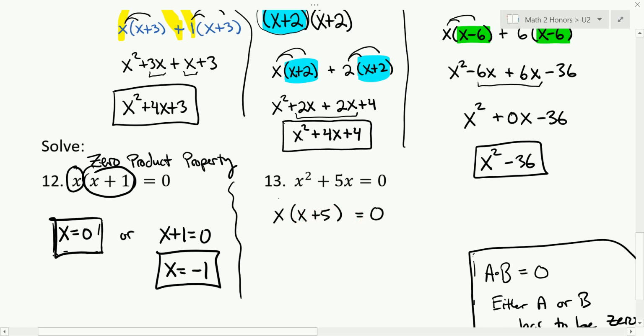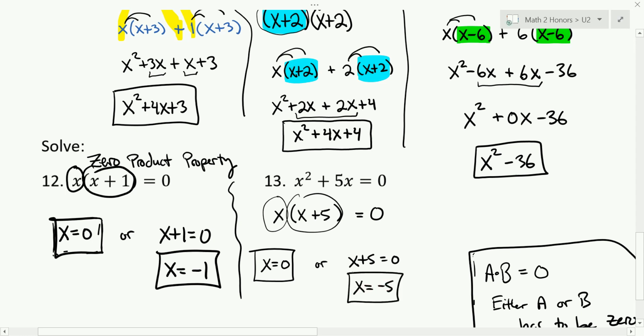Now I have my form a times b equals 0. And so I could split up my factors and say, either a is going to be 0 or b is going to be 0. If a is 0, then x is 0. This one would be -5. Now I have two possible answers. And I can go back and plug them into the original. If I plug -5 into the original, I get 25 minus 25 equals 0. If I plug 0 in, I get 0 plus 0 equals 0. And both work.